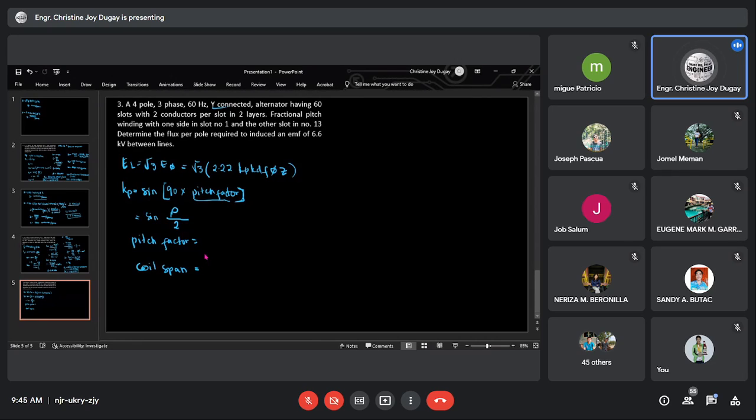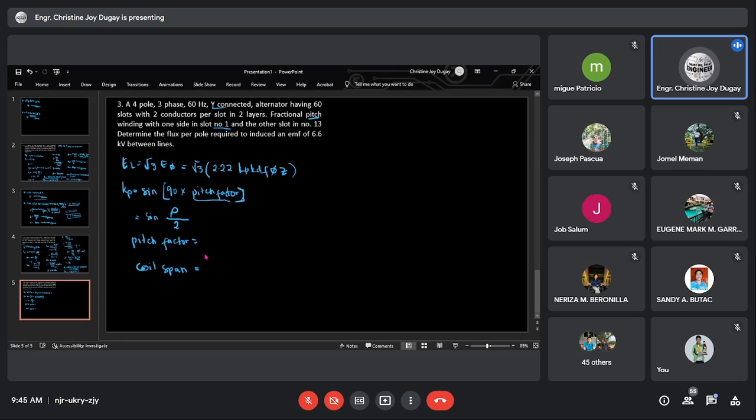Okay, so what is our coil span, by the way? This came from the winding, ma'am. Slot natin, ang coil span natin is slot per pole. Either same sila during full pitch. Pero dito, ang coil span natin, ang basis natin, since fractional pitch siya, is from the winding.